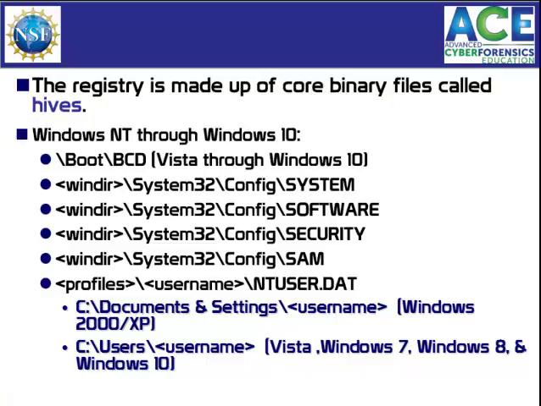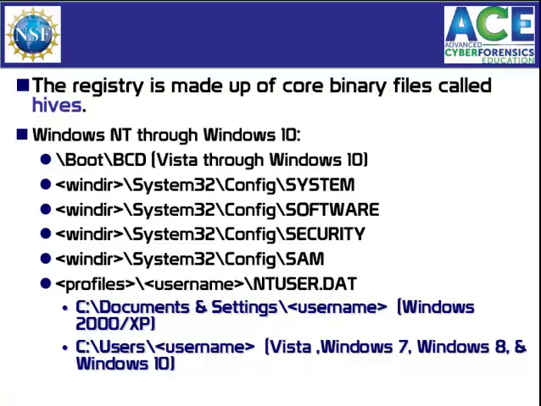In addition, the other core files that you see here are System, Software, Security, and SAM, and they are all typically located in the Windows, the WinDIR System32 config directory. Then you also have the ntuser.dat files, which exist in the user profile folder, at the root of that folder.